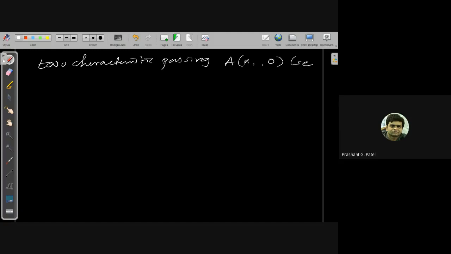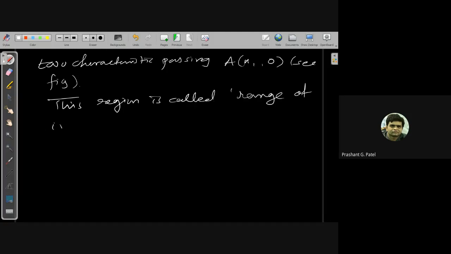See the figure. This region is called the range of influence of the point (x1, 0).